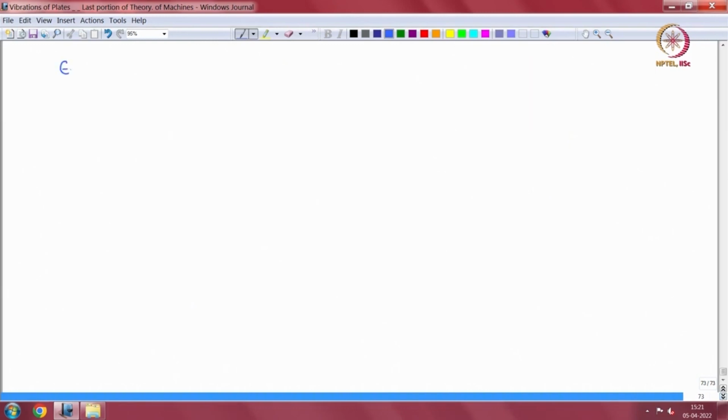Epsilon 1 is del u1 by del alpha 1, which is equal to alpha 3 del beta 1 by del alpha 1.